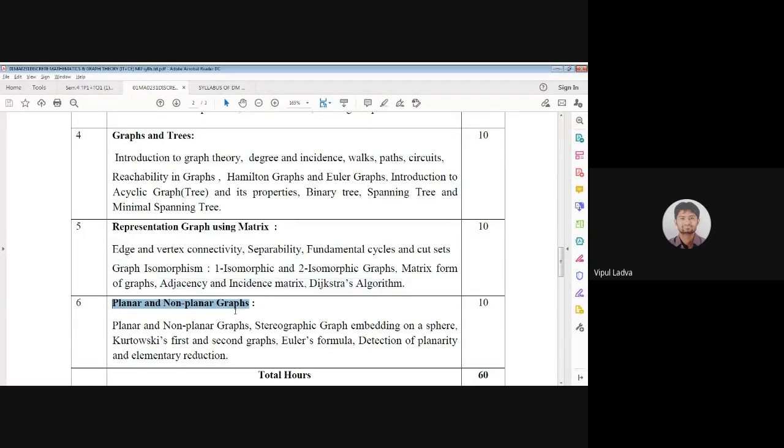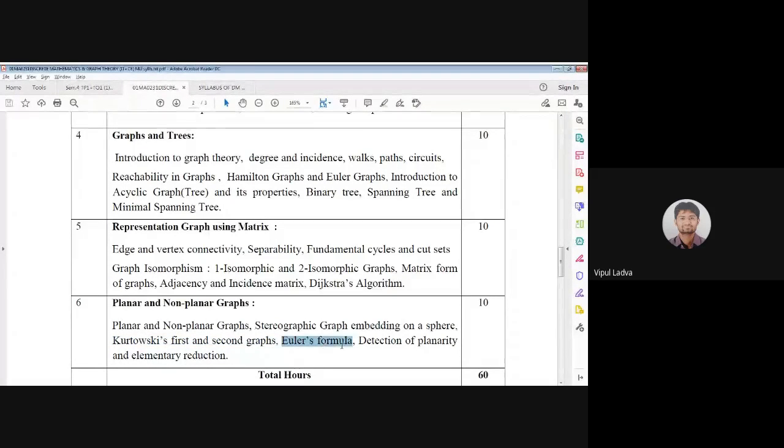And the last portion, that is planar and non-planar graphs, उसमें भी काफ़ी कुछ बात नई सीखने को मिलेगी हम लोगों को. What is a planar graph, what is a non-planar graph, वहाँ से हम स्टार्ट करेंगे. फिर stereographic projection, embedding on the sphere, then Kuratowski's first and second graphs, that is quite useful.